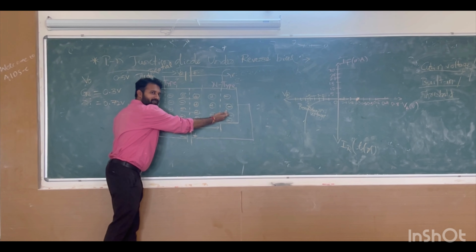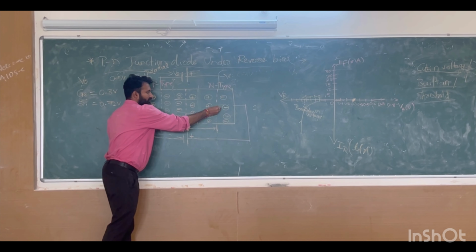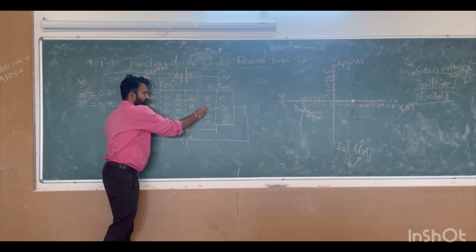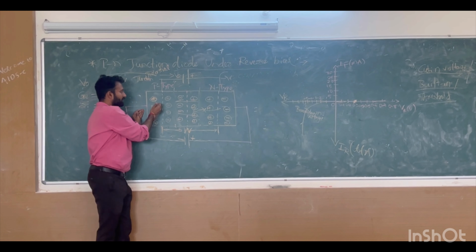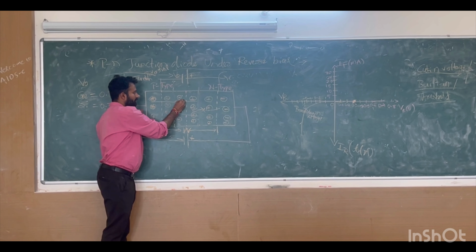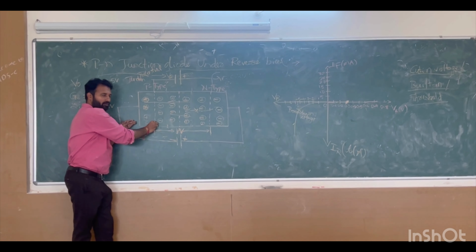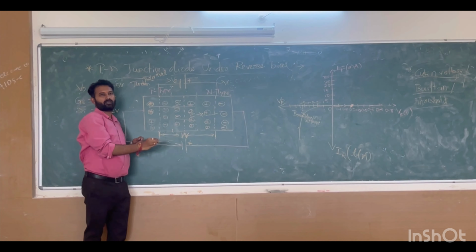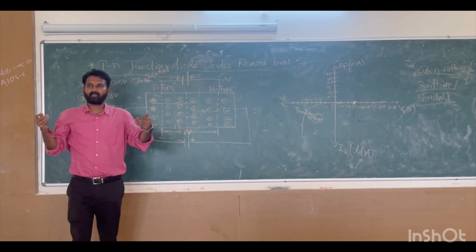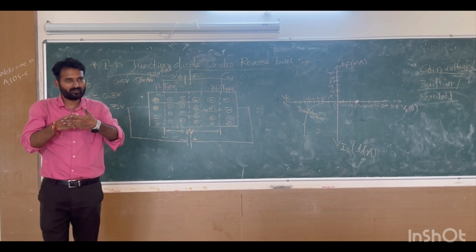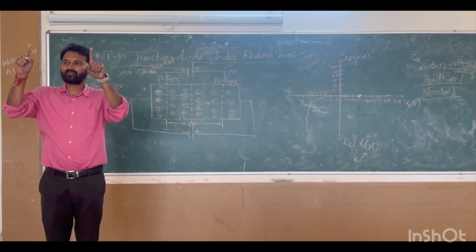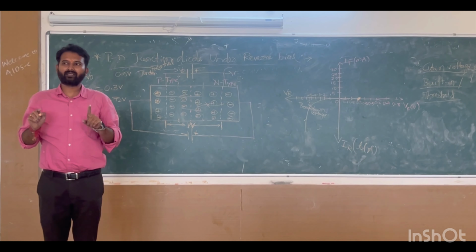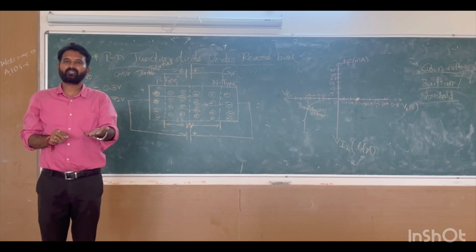Because of that reason, majority carriers will not cross here. Majority carriers which are holes in the P side cannot cross the junction because I have a barrier here. Majority carriers cannot cross in the opposite direction. Understandable? Because of the depletion layer under reverse bias. Why the depletion layer?